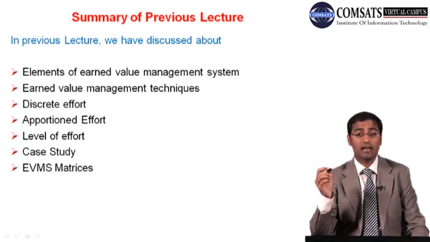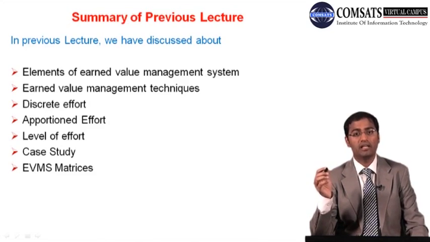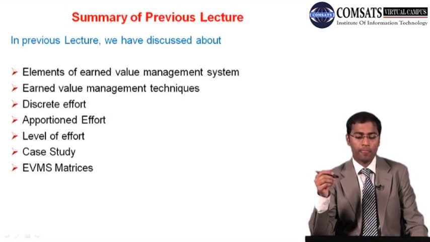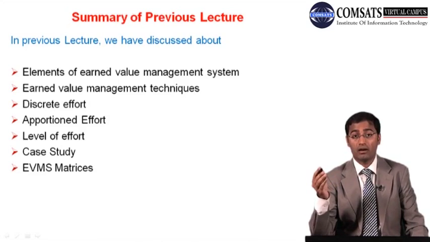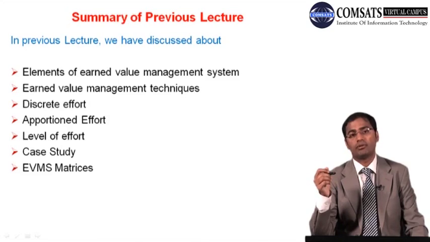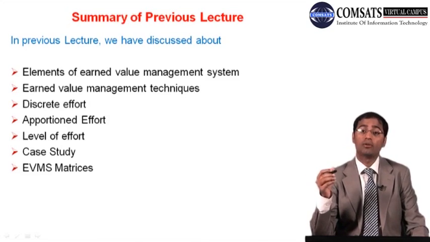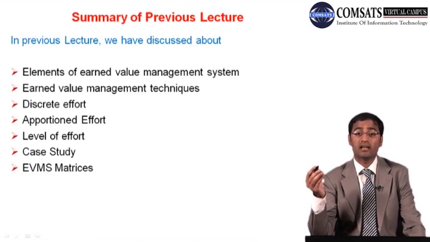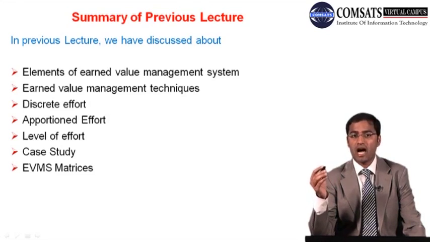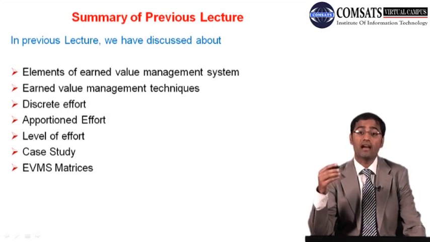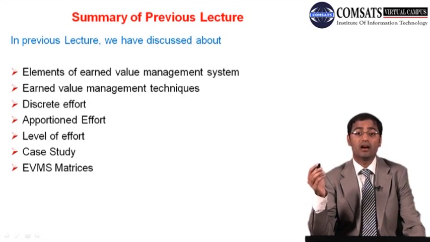An SPI less than 1 means we are not using our time resources to the maximum, and anything greater than 1 is good for both SPI and CPI. Then we talked about forecasting: estimate at completion, estimate to completion, and estimate at completion time.